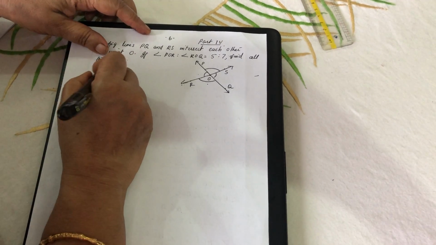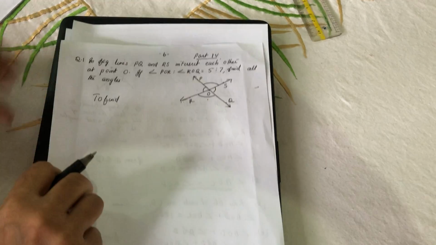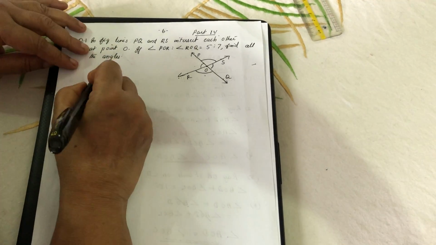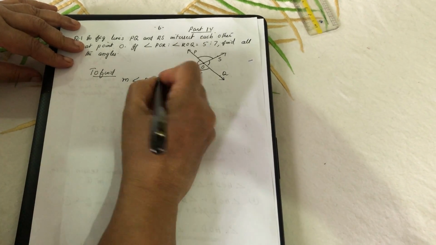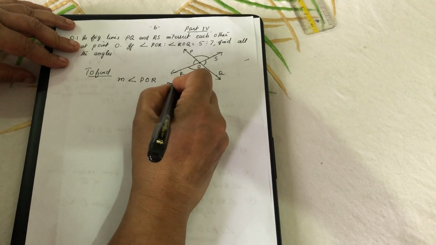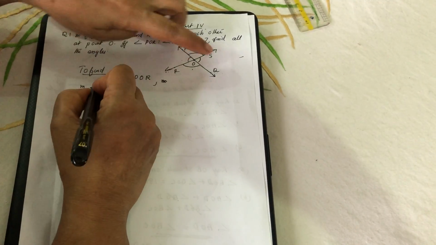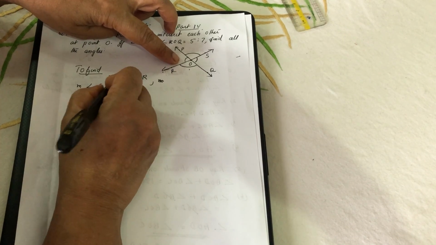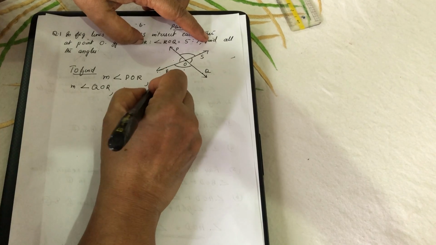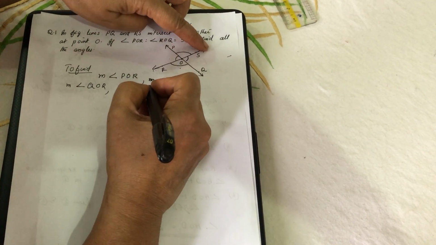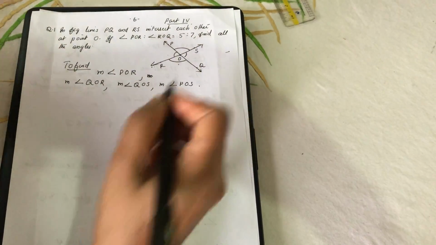So what you have to find? Measure of angle POR, measure of angle QOR, then measure of angle QOS and measure of angle POS.